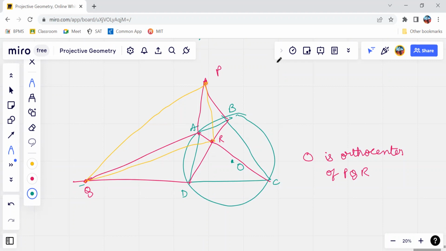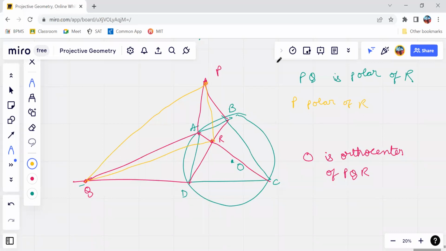So let's show that PQ is the polar of R. The way we're going to do this is by showing individually that P lies on the polar of R, and then we'll show that Q lies on the polar of R, and they're both analogous. So let's just do it for one of them.